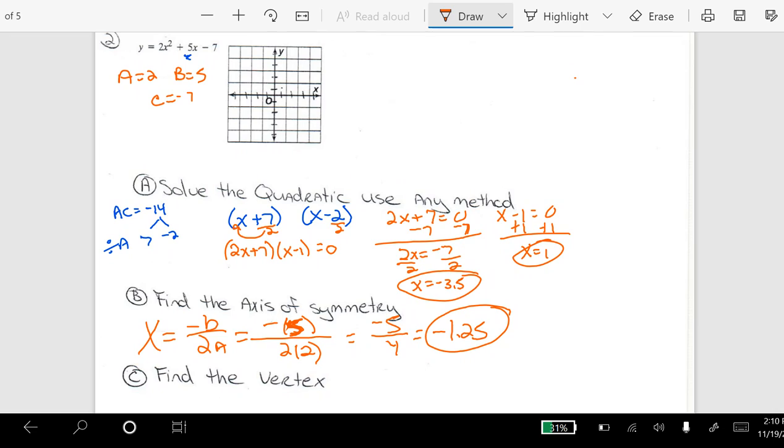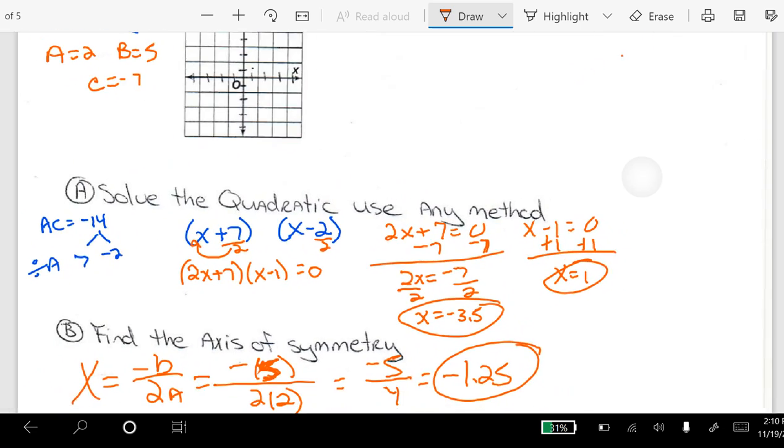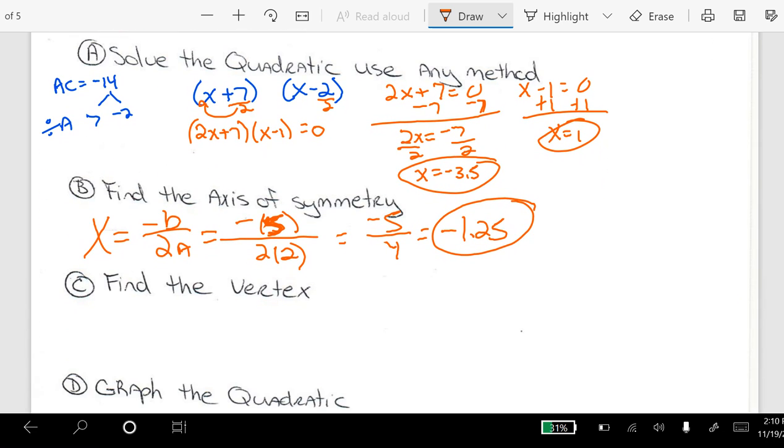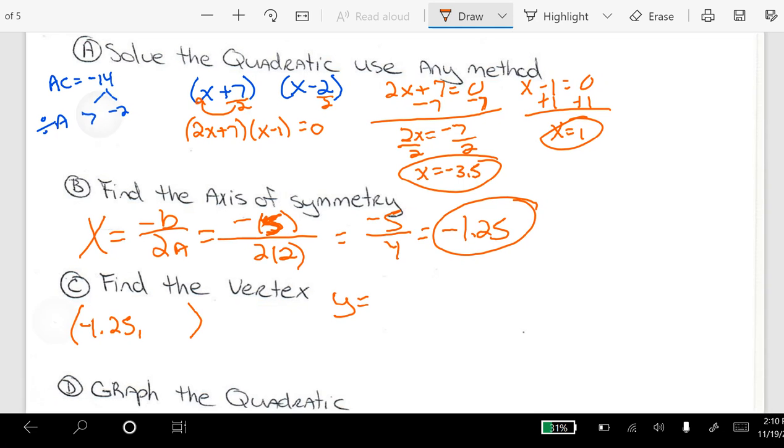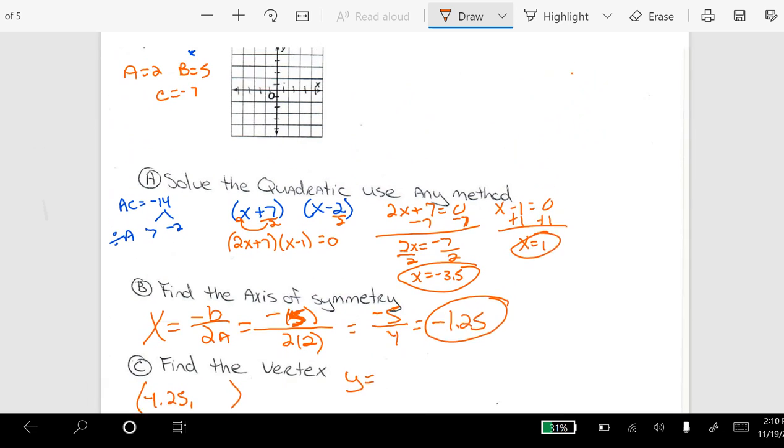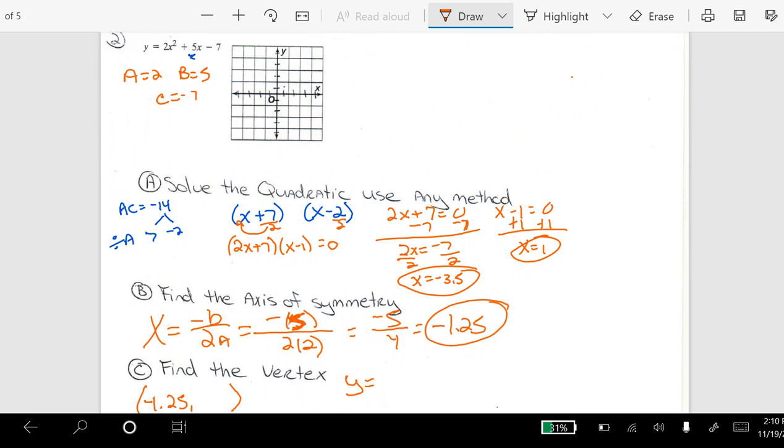All right, so now I need to find the vertex. For finding the vertex, I need to use my x that I just got to find y. So my vertex is going to be negative 1.25 for the x value. And now I'm going to figure out the y. So it's going to be y equals 2 times negative 1.25, because that's what x was, squared, plus 5 times negative 1.25 minus my 7.